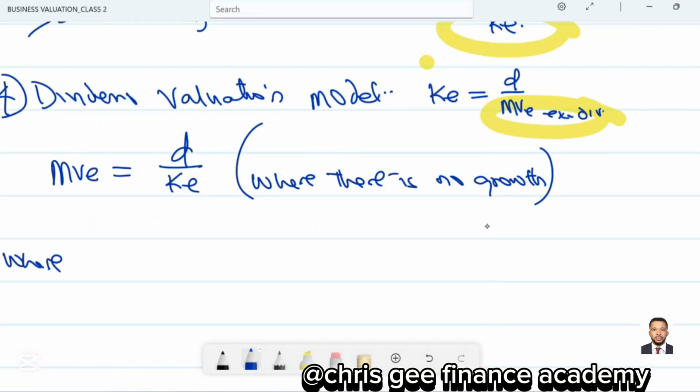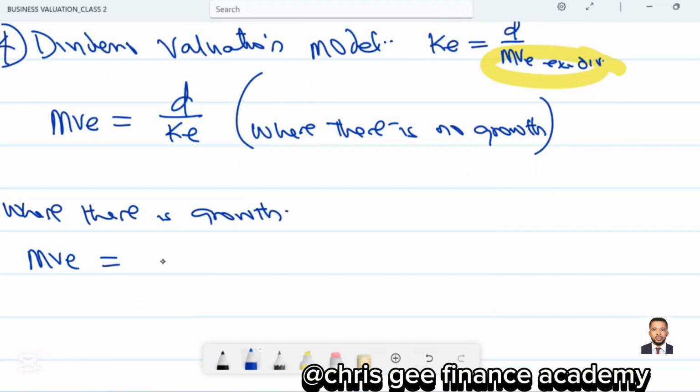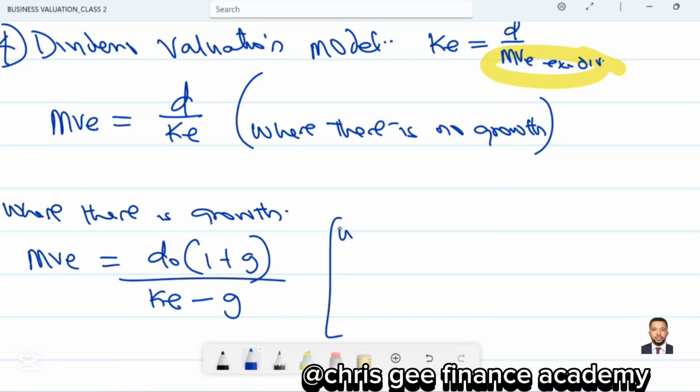Yes. Where there is growth, MVE equals D0 (1 plus G) divided by KE minus G. Where D0 equals the dividend now, right?